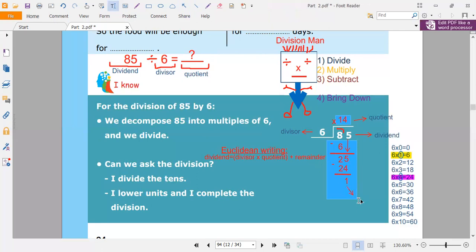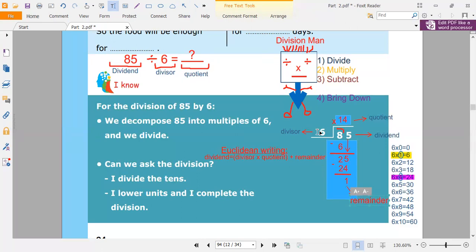After we finish the division, we get a number here at the end, and it's called the remainder. And the remainder is always smaller than the divisor. 1 is smaller than the divisor, so everything is good.